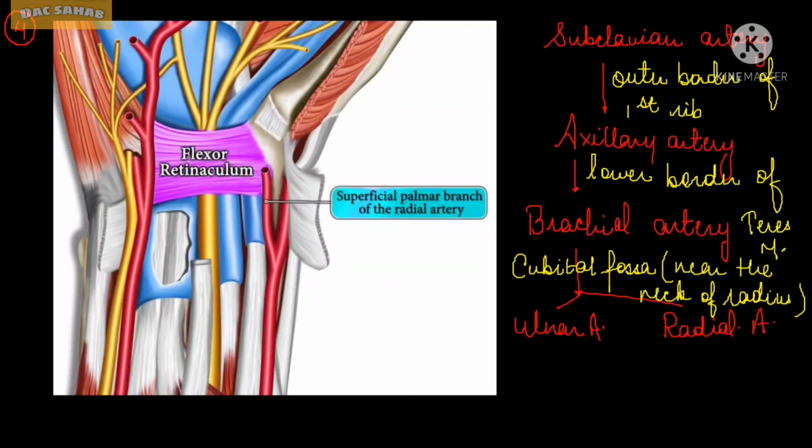Now this radial artery forms the superficial palmar branch at the level of flexor retinaculum.